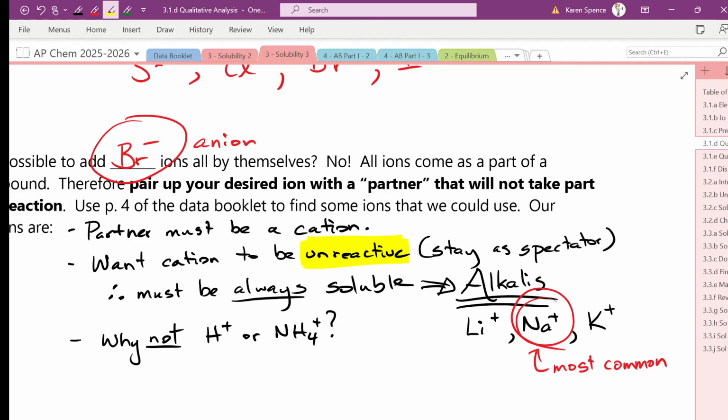How might they react? They can react with water. Something with a hydrogen is an acid. What about ammonium?